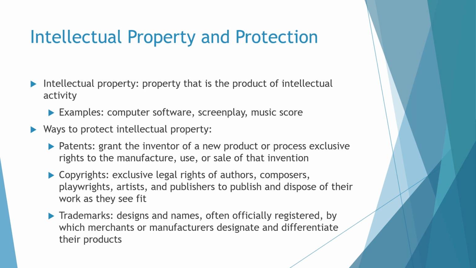Copyrights are exclusive legal rights of authors, composers, playwrights, artists, and publishers to publish and dispose of their work as they see fit. Trademarks are designs and names, often officially registered, by which merchants or manufacturers designate and differentiate their products. An example of this would be Christian Dior clothes.